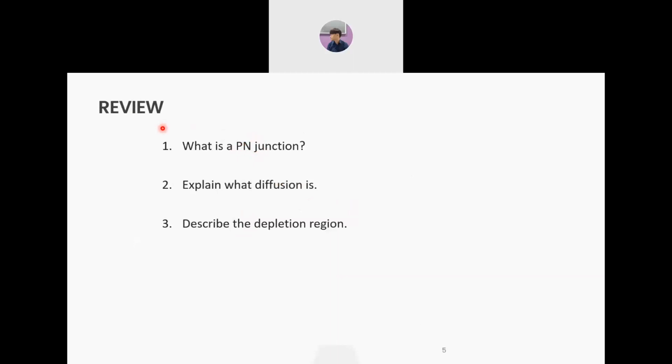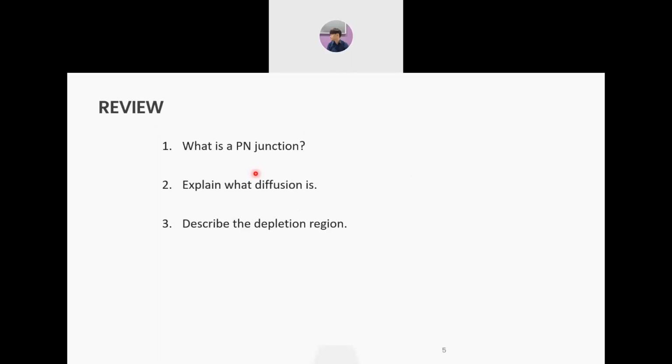P-n junction is where we have a p region which is positively charged due to majority carrier of hole, and the n region which is negatively charged due to majority carrier of free electron. The p-n junction happens when these two regions are brought together and form a junction between them.